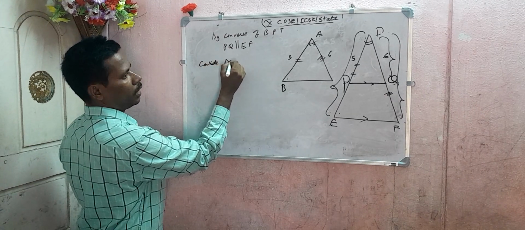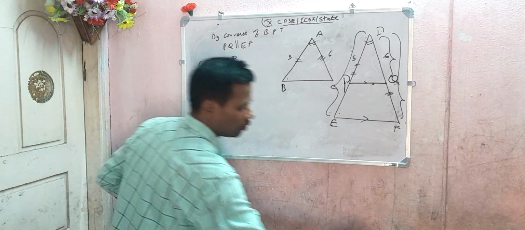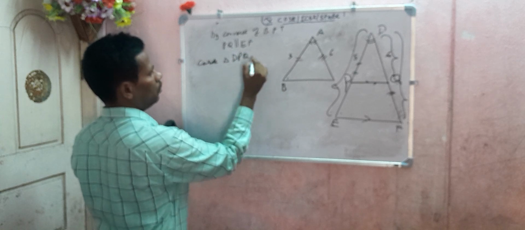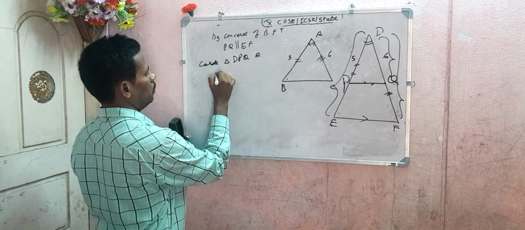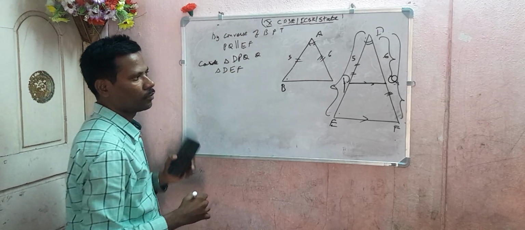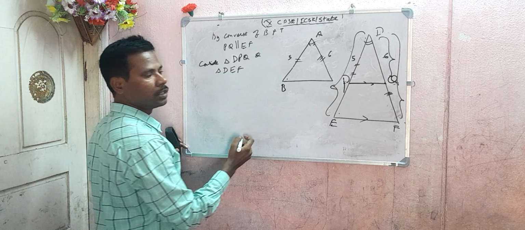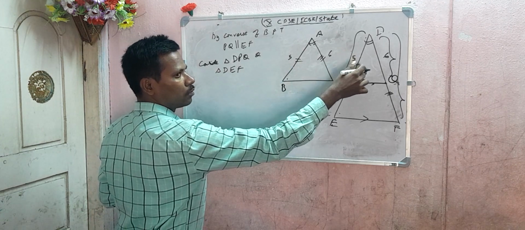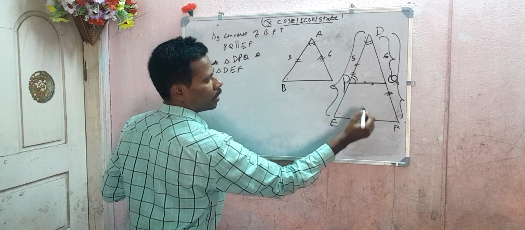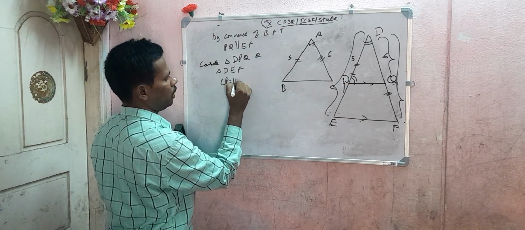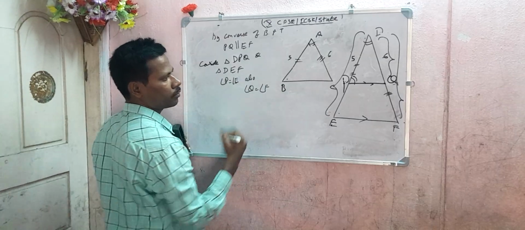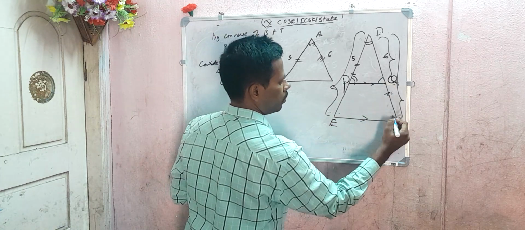Consider triangle DPQ and triangle DEF. Now this angle, since this is parallel to this, angle P is equal to angle E, also angle Q is equal to angle F. Why?